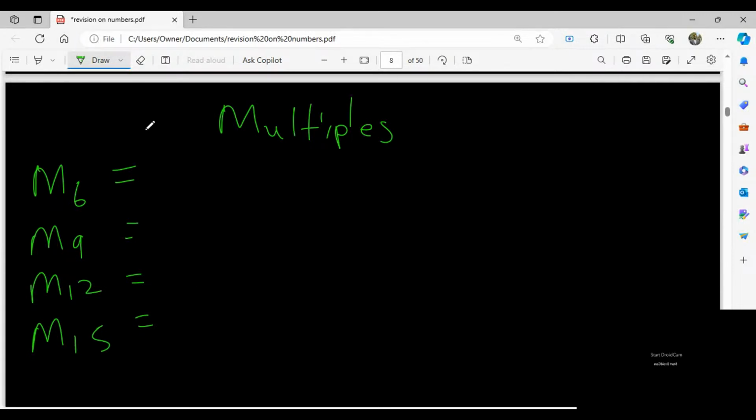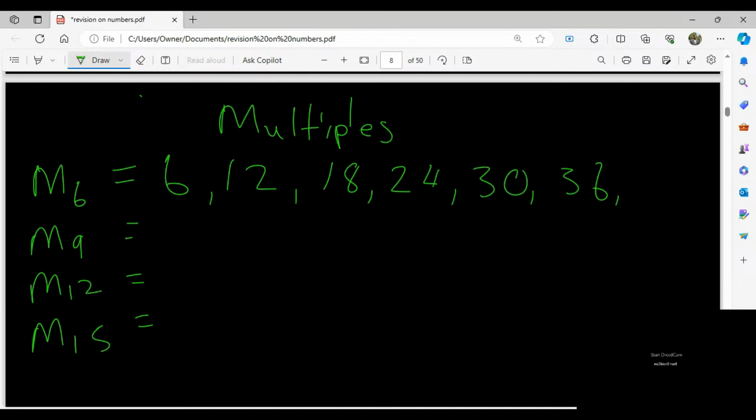All right, so the multiples of 6 are 6 itself, 12, 18, 24, 30, 36, 42 and so forth.